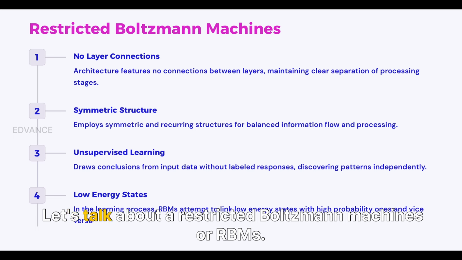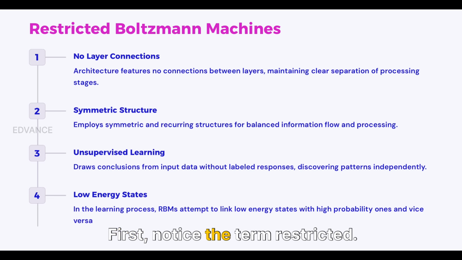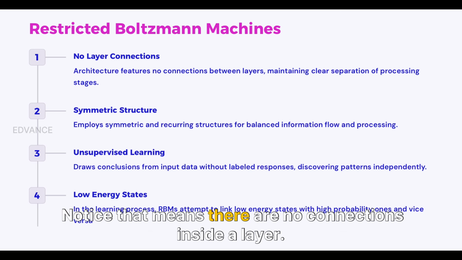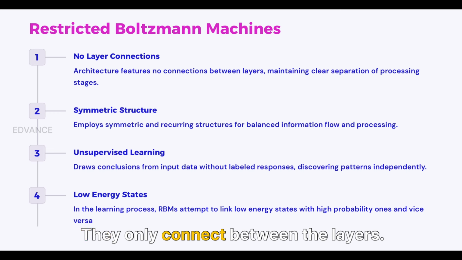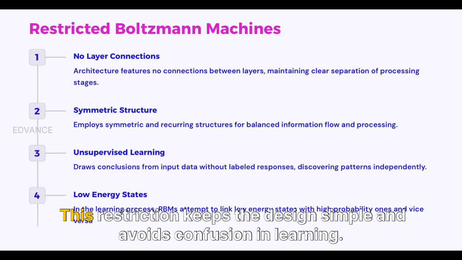Let's talk about restricted Boltzmann machines or RBMs. First, notice the term restricted. What does that mean? It means there are no connections inside a layer. The visible units don't talk to each other and the hidden units don't talk to each other. They only connect between the layers. This restriction keeps the design simple and avoids confusion in learning.